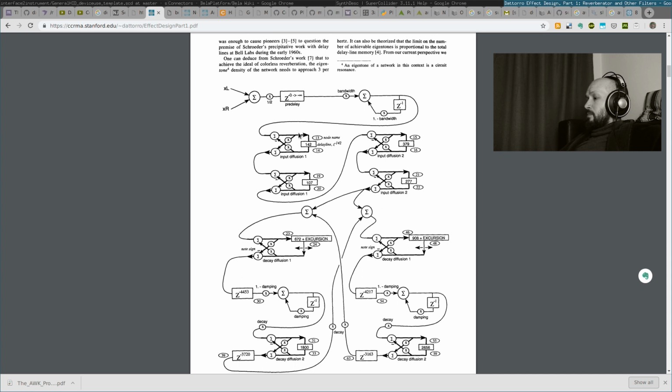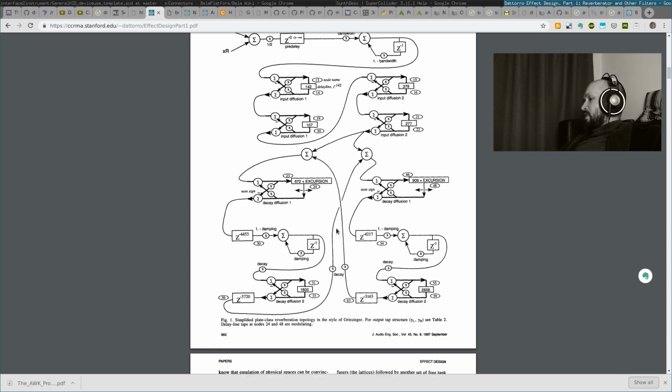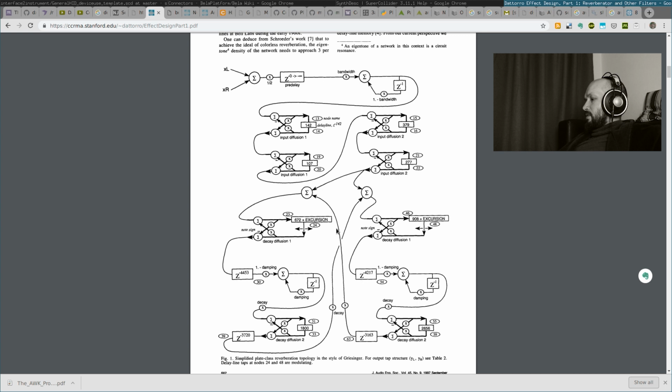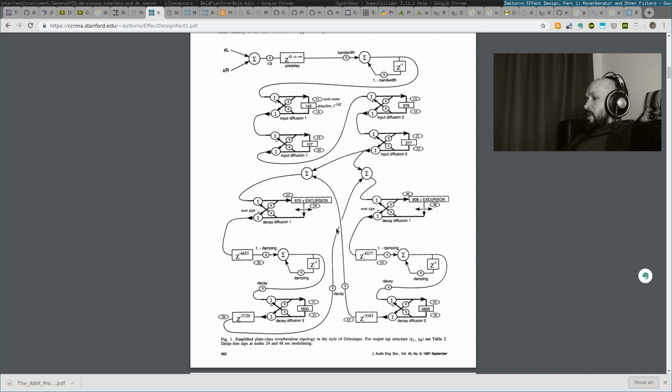And in itself this reverberator is very nice. It sounds interesting and can provide very interesting results. I guess in electronic music we've heard a lot of something like it, at least.